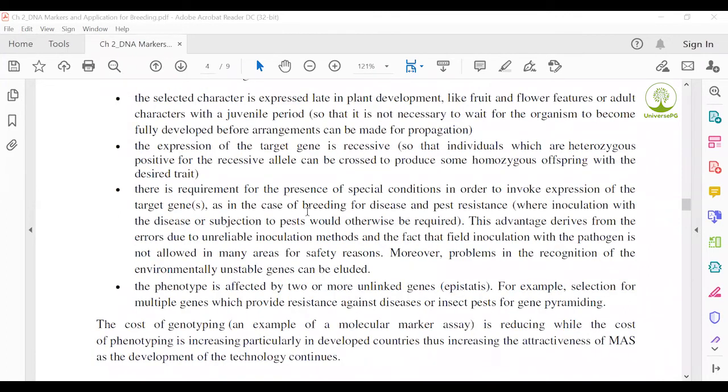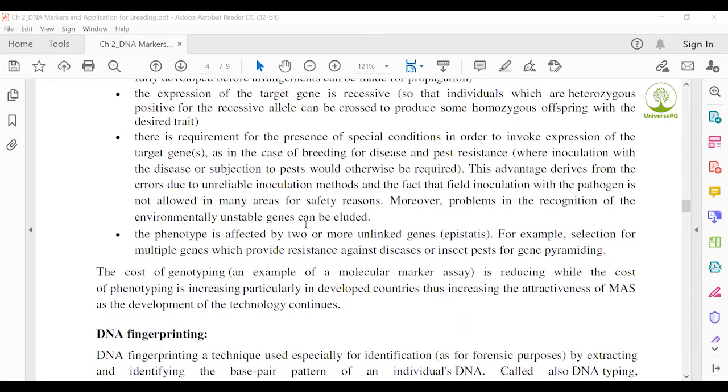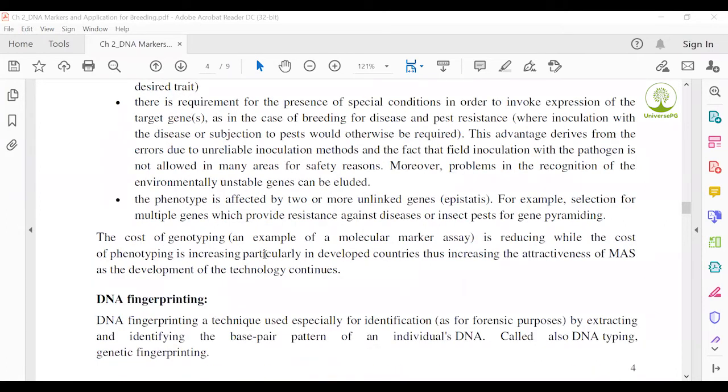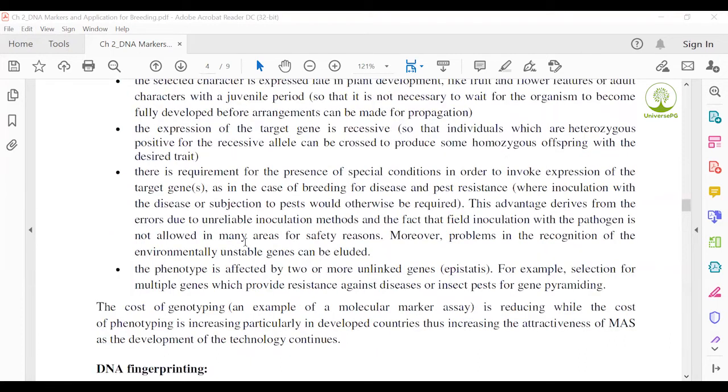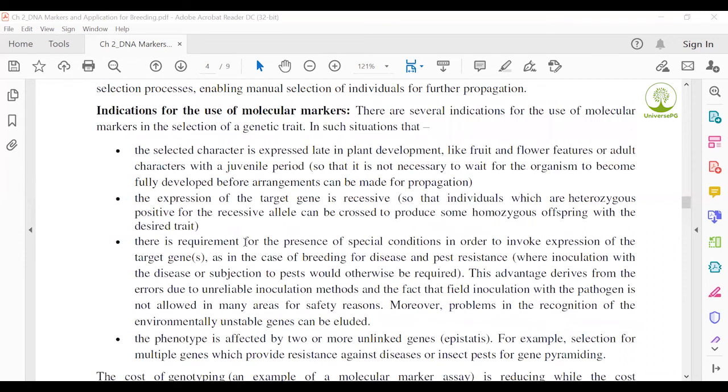There is a requirement for the presence of special conditions in order to invoke expression of the target sequence, as in the case of breeding for disease and pest resistance. Last, the phenotype is affected by two or more unlinked genes. For example, selection for multiple genes which provide resistance against a disease or insect pest for gene pyramiding. Those are the indications for the use of molecular markers.